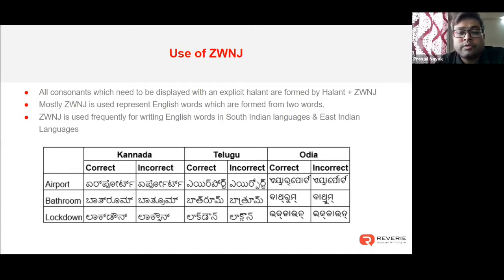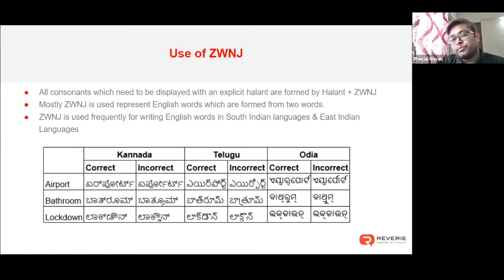Mostly zero width non-joiner is used in representing English words which are formed from two words. So here are some examples. Zero width non-joiner is frequently used in writing South Indian language words, specifically Kannada and Telugu more. In Malayalam, the presence of the Chillu characters prevents the use of zero width non-joiner in most of the cases.